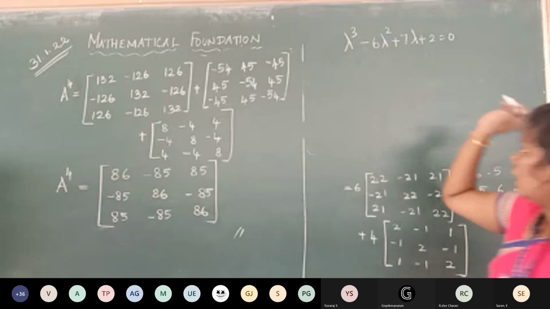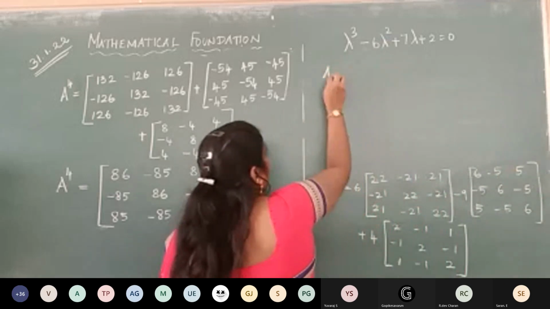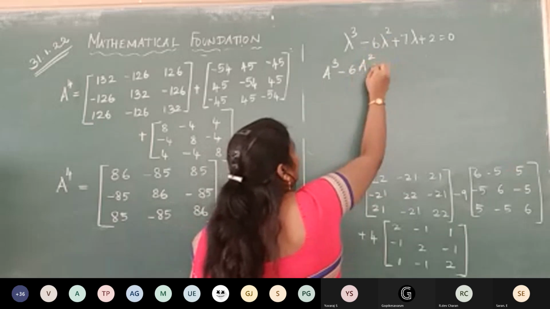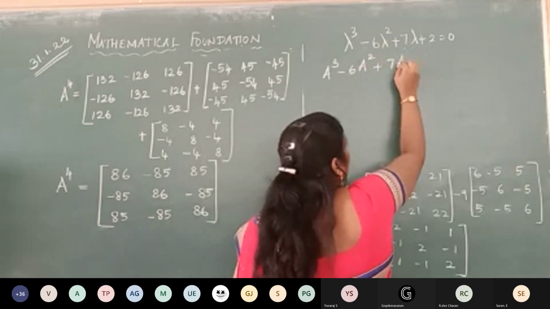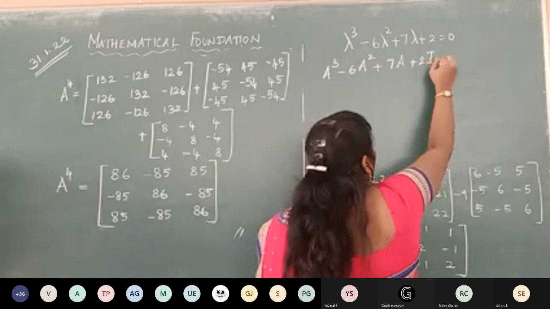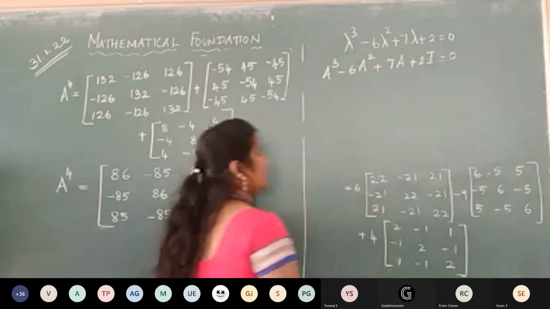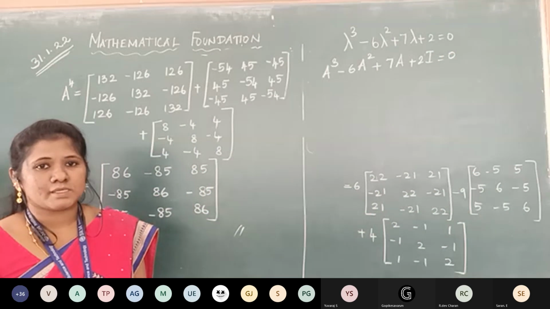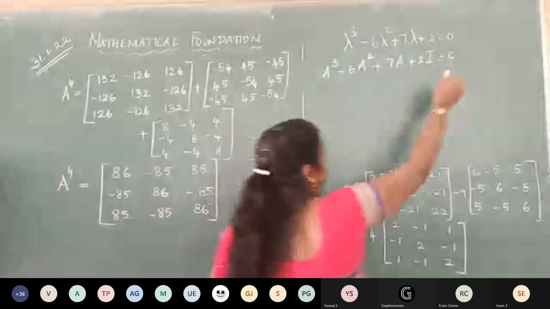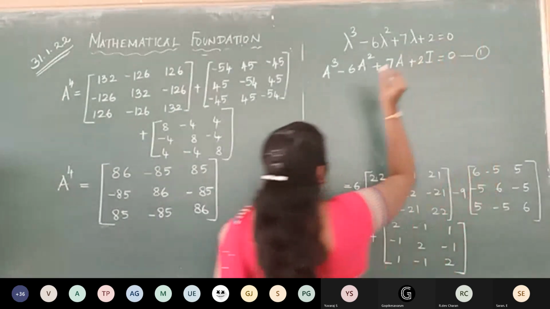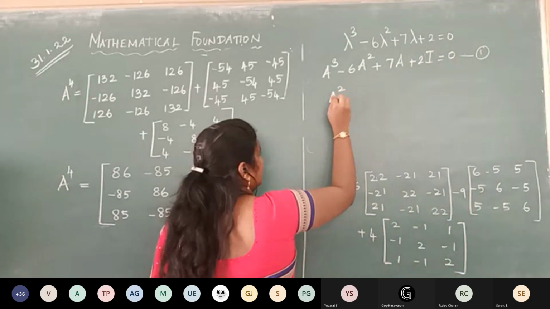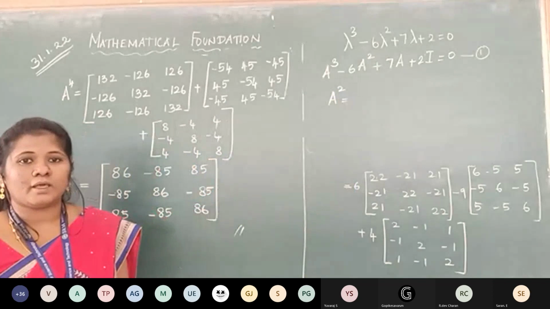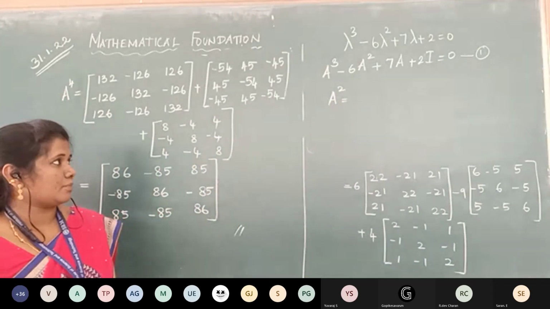And you'll have to prove that A cube minus 6A square plus 7A plus 2I equal to 0. So you should prove that the Cayley-Hamilton theorem is satisfied. After getting that satisfied, you have to find out your A inverse and A power 4. You'll find that and send it to me on my WhatsApp number.